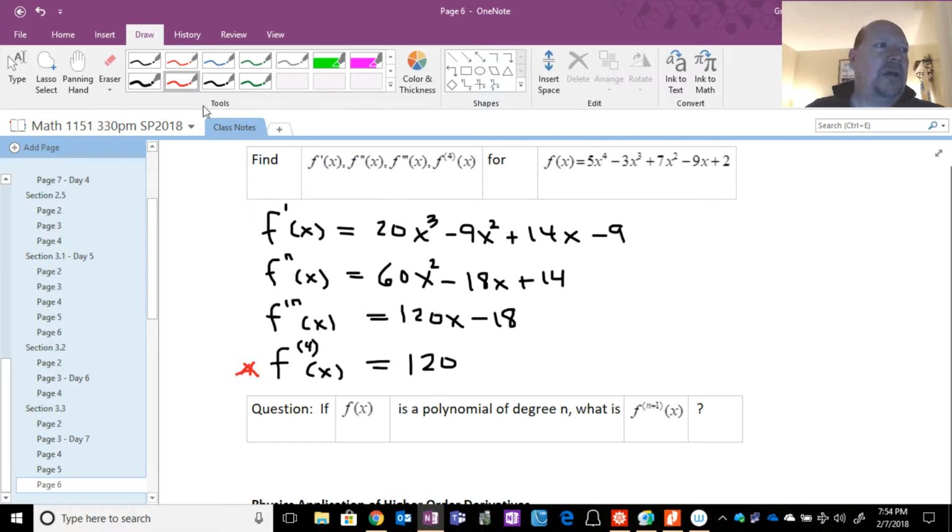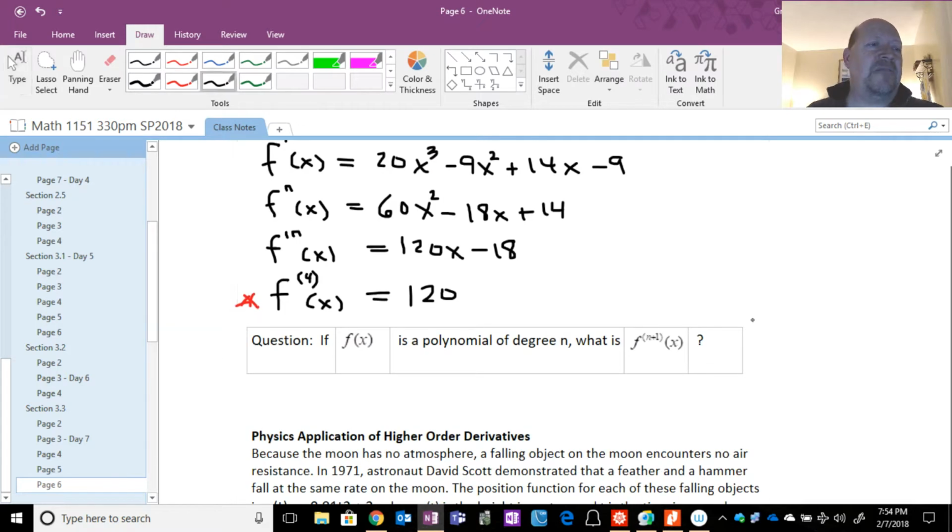So that's what the answer to this is going to be, because if I have an nth degree polynomial and I'm going to differentiate it n plus 1 times, then I'm going to end up like this one here. I'm going to end up taking the derivative of a constant, which is always 0. So the answer here is the derivative would be 0.